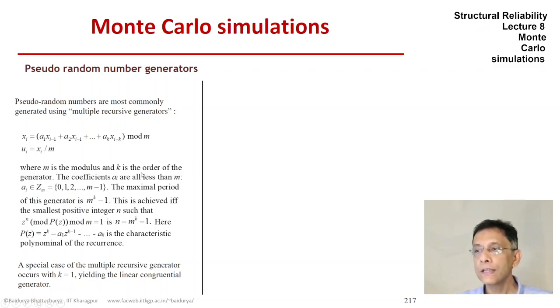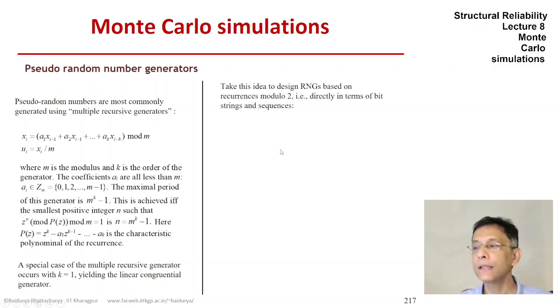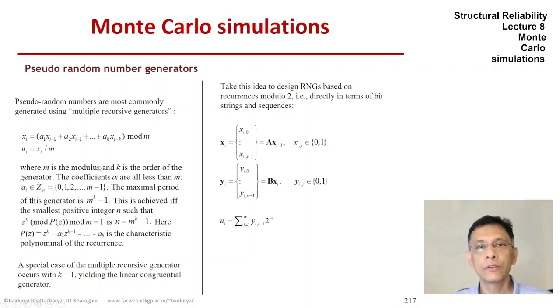But this idea of multiple recursive generators can be taken to an RNG based on recurrence modulo 2, which means directly in terms of bit strings and sequences. So the operations are like this. The first set is the twisting type operation.